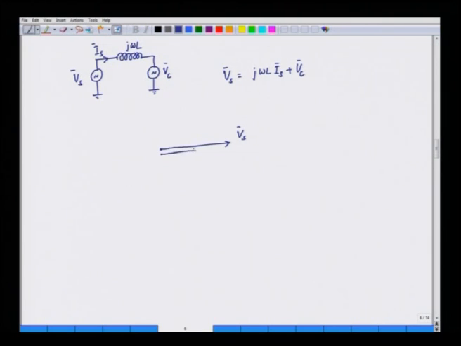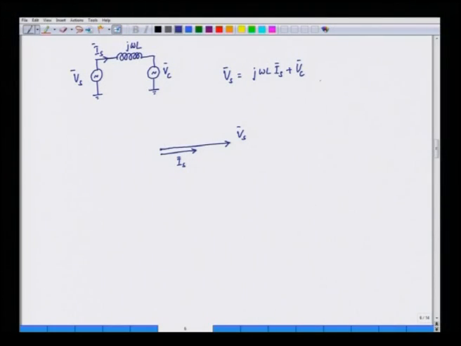So, this is Is. Is and Vs are in phase, the power factor is unity. So, we can calculate Vc is equal to Vs minus j omega L Is.